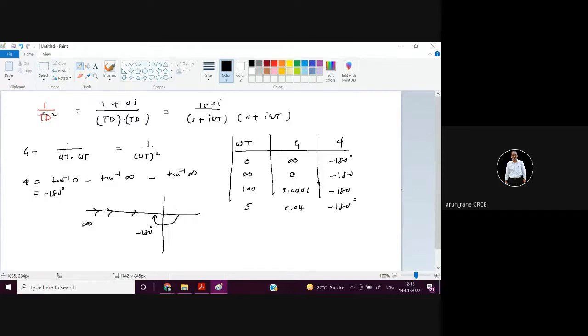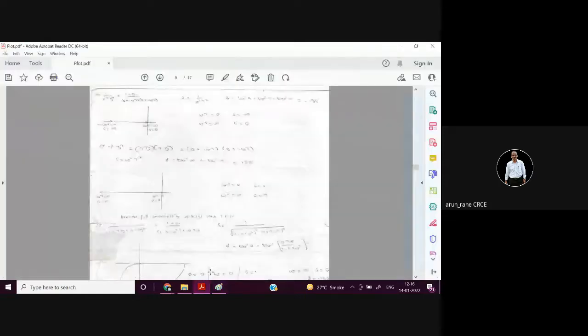Now next, this was 1 upon t square d square, now this is t square d square. So t square d square is written as td td, so that is 0 plus i omega t, squared. Now g is equal to omega square t square. So when omega t is 0, g is equal to 0, and when omega t is infinity, g is equal to infinity.